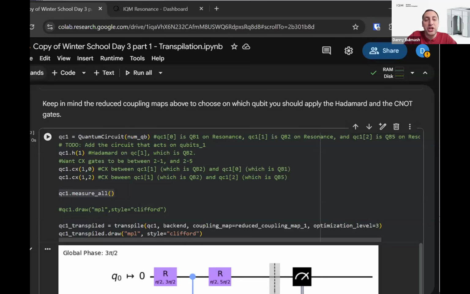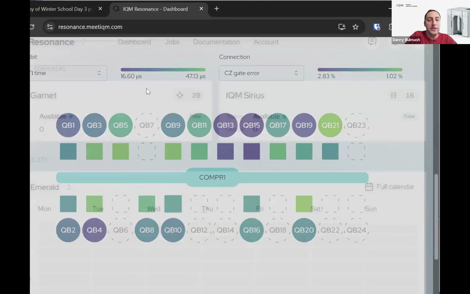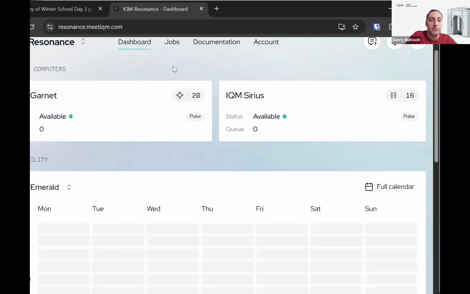So if you're not sure which qubits do and don't run, you can check on the Resonance website. If you're running on Sirius, you can go ahead and look on the Sirius dashboard.